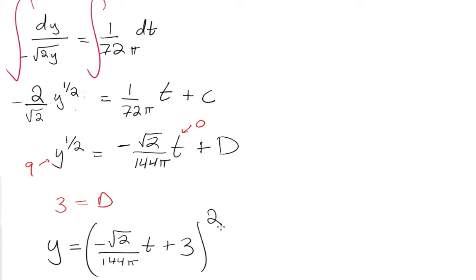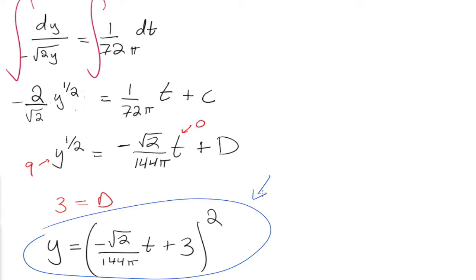So what does that represent? The height at any given time. So this tells me the water level of the tank at time t, assuming what?